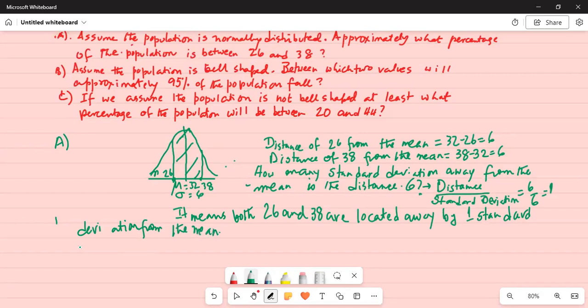Now use the empirical rule for normal distribution.